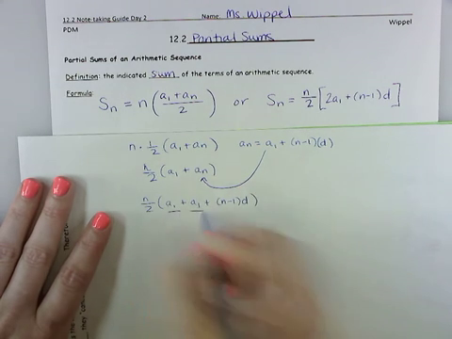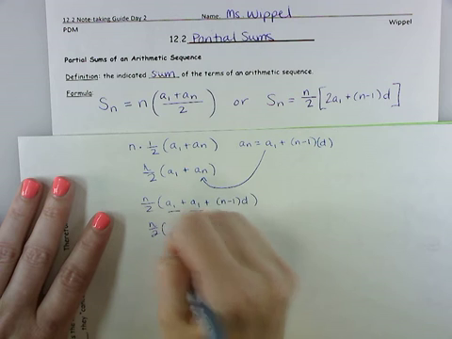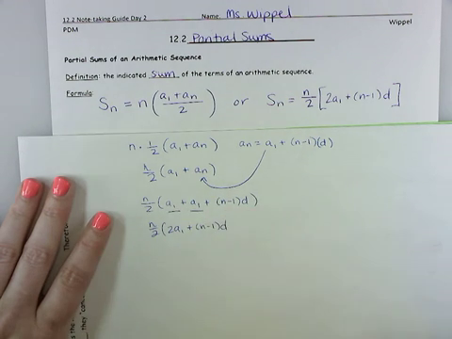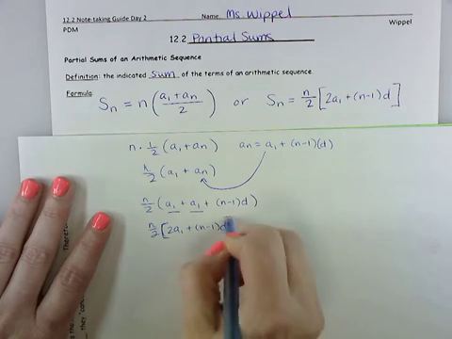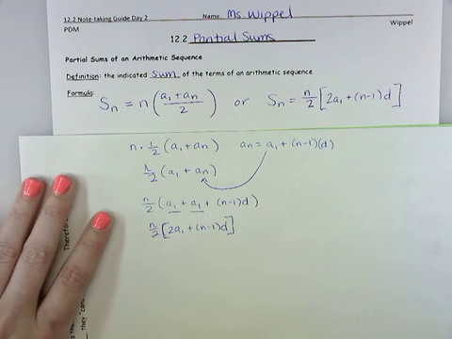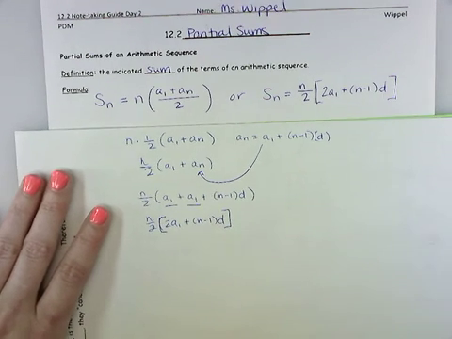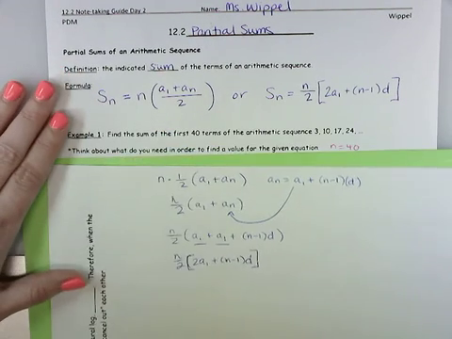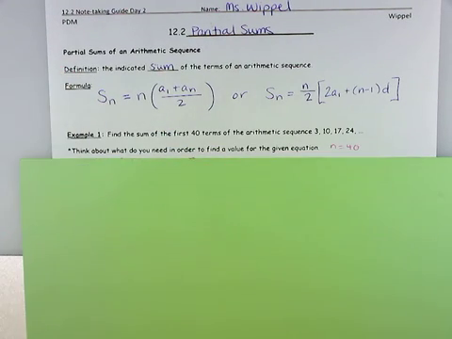The a sub 1 terms are common terms, so I have 2 a sub 1 plus n minus 1 times d. And this is the second equation. Isn't that cool? Okay, so you can use either one of those. They're the same equation, they're just written a little bit differently.